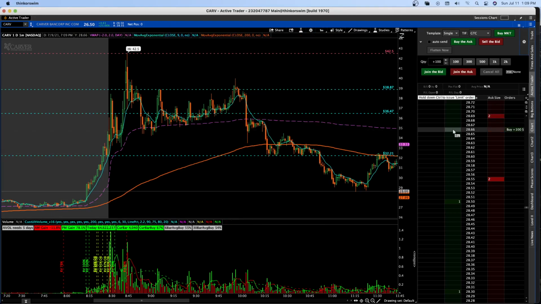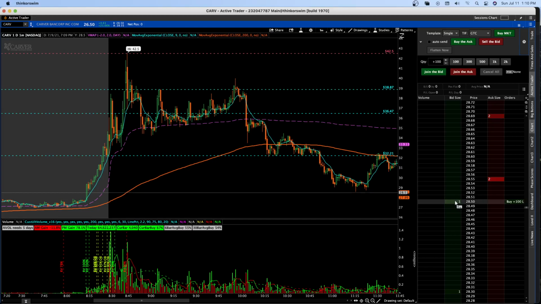So I'll go over what the differences are, a few of them. It just depends on what's going on. Sometimes I will shift click just where I want to buy right here on the ladder. Okay, so if I were to shift click this right here, it would buy whatever I have it on, 100, 1,000, 2,000 shares at that level.